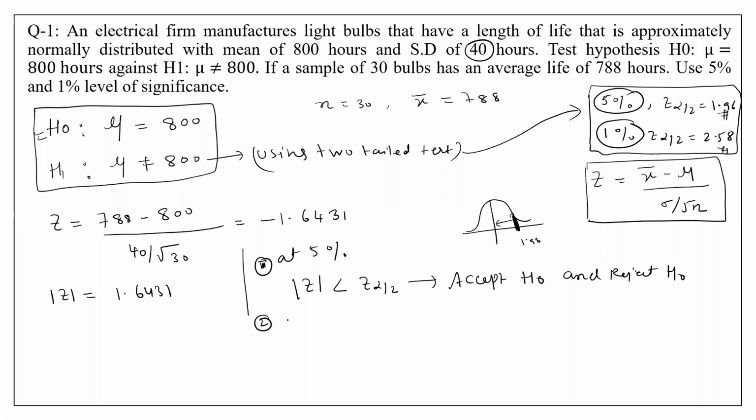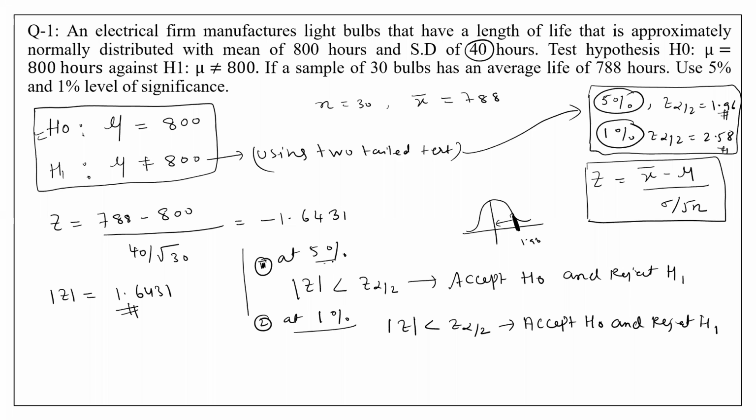What about at 1%? At 1%, your value of Z alpha by 2 is 2.58, but your mod Z is 1.6431. So in this case, your mod Z value is again less than Z alpha by 2. So at 1% also we are going to accept H naught and reject H1.